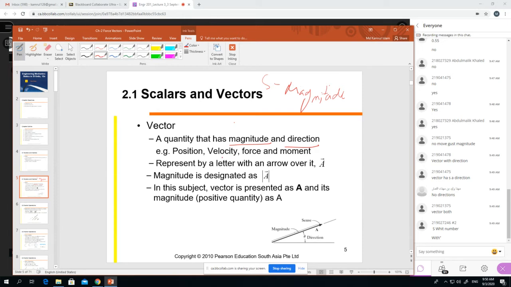As an example, velocity: like a point going from here to here at 2 meter per second. So it has two things.